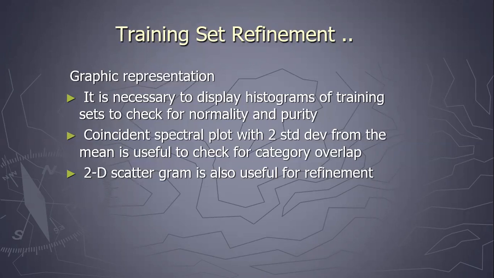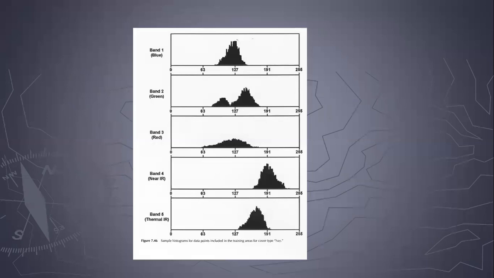A 2D scatter diagram is also useful for refinement. That means to check the quality of the training set or training sample, right? This is the way we are representing the spectral curve. I will give you one more class for spectral curve. No need to worry.